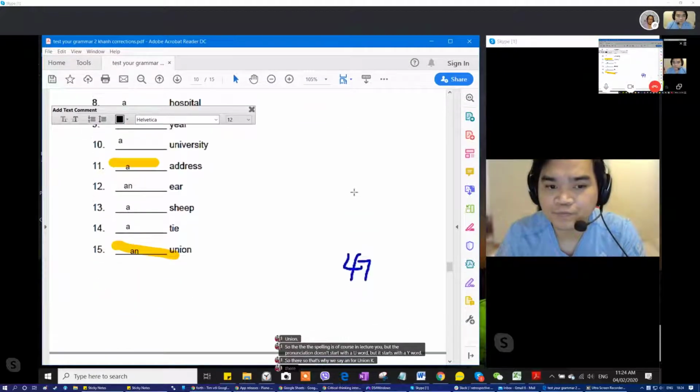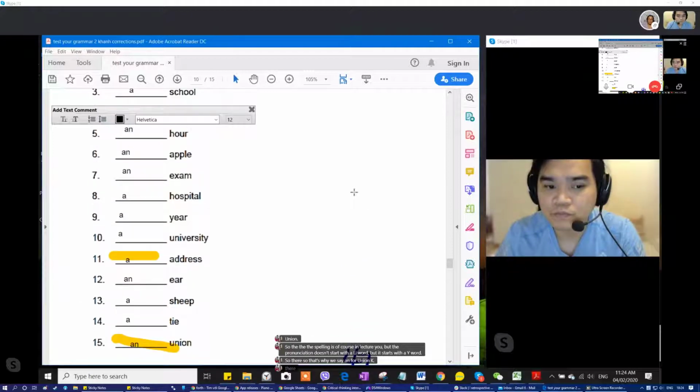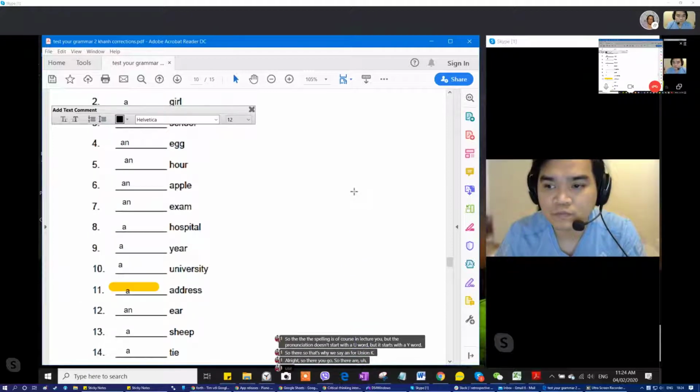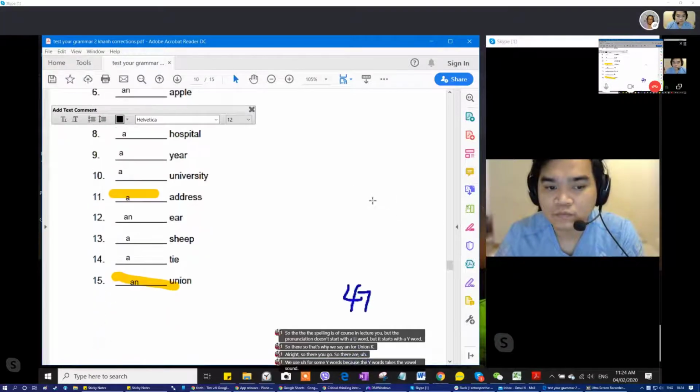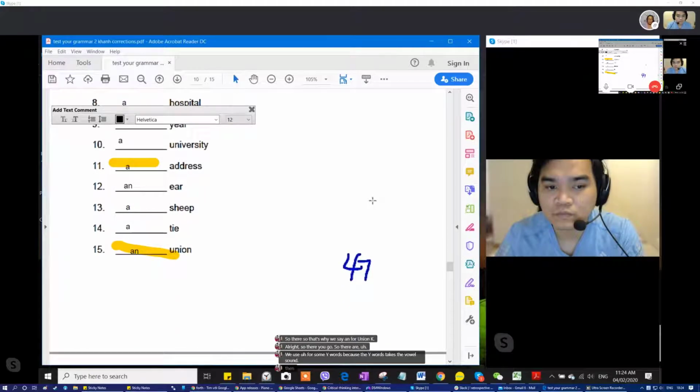So we use a for some Y words because the Y words take the consonant sound. Union, unicorn, because they have a Y sound at the beginning, not a U sound.